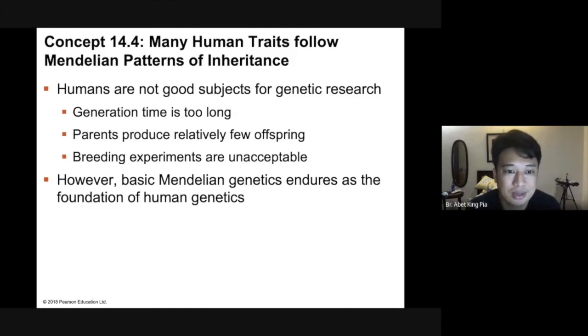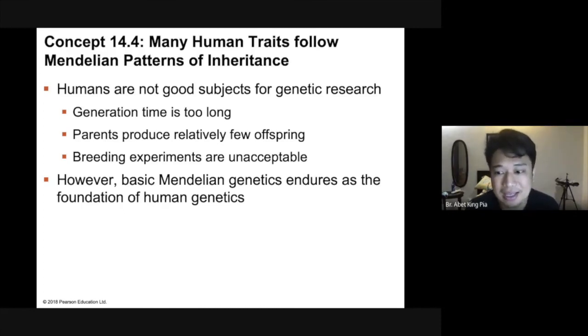So, but then, even if that's the case, basic Mendelian genetics endures as the foundation of human genetics pa din. And yung mga studies natin sa Human Genome Project, sa what we know about genetics now, human genetics, again, ang basis and foundation pa rin niya is Mendelian. So, babalik pa rin tayo sa garden pea ni Mendel.